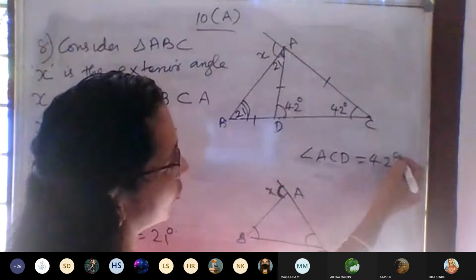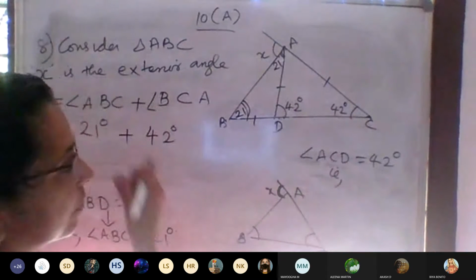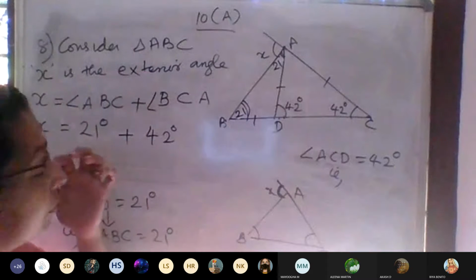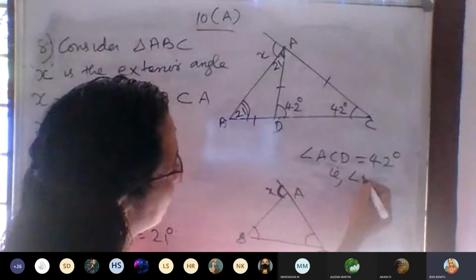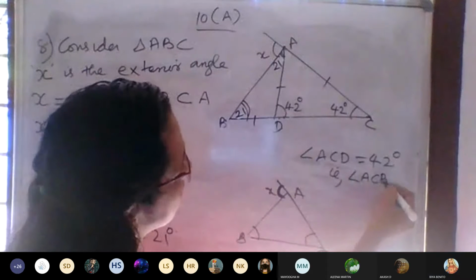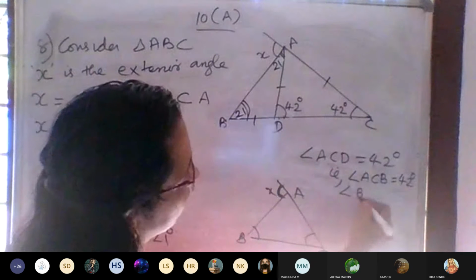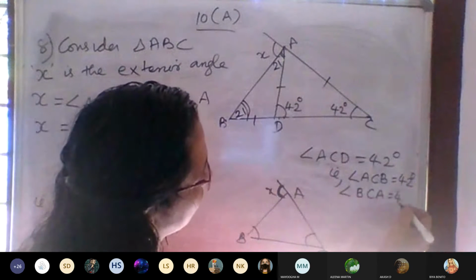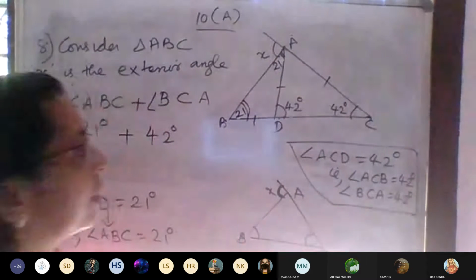ACD we got as 42 degree. Down of that, what can we write? Angle DCA, that is angle ACB is equal to 42 degree. That also we can change. Vertex B is equal to 42 degree. There you write. Otherwise it will make you confusion.